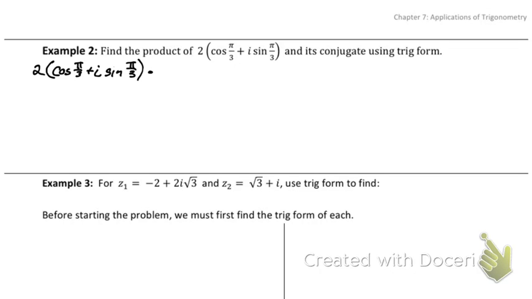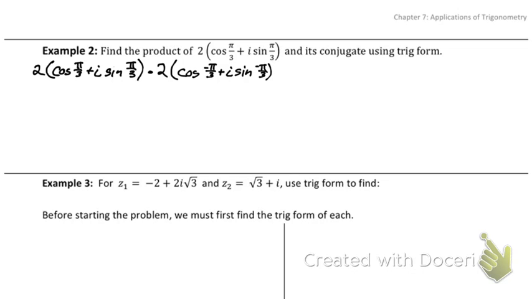Well, the conjugate of this is just make your thetas negative. Or if they're negative, make them positive. But anyway. So we'll have cosine of negative pi over 3 plus i times sine of negative pi over 3. That is the conjugate. Conjugate is just take the opposite of whatever our theta is. So it becomes negative pi over 3.